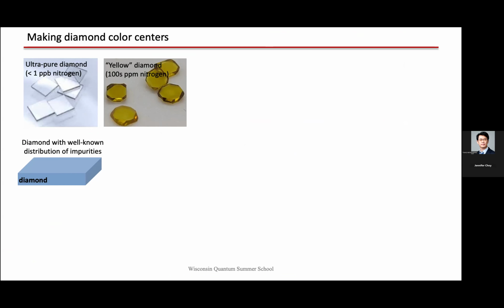You can also start with yellow diamonds, which are diamonds that are grown maybe not under very carefully controlled situations, or maybe even grown in a nitrogen-rich environment, which ends up giving this yellow color. I'll pass around examples of that shortly.